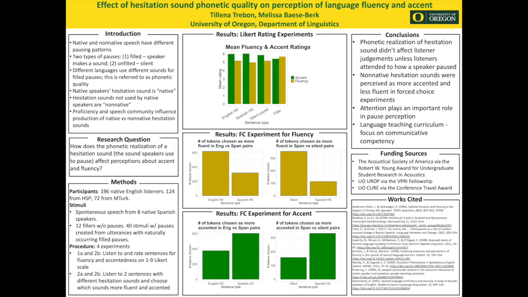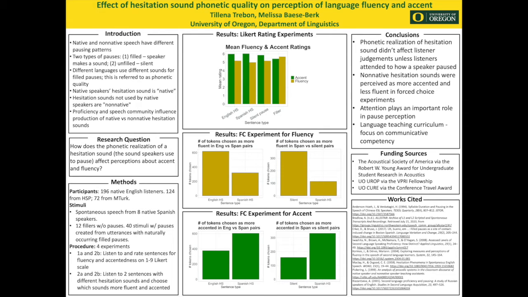Results of the Likert rating experiments show that the phonetic quality of the hesitation sound did not impact listener judgments about accentedness or fluency. Additionally, whether the pause listeners heard was filled or unfilled did not affect listener fluency or accent ratings.